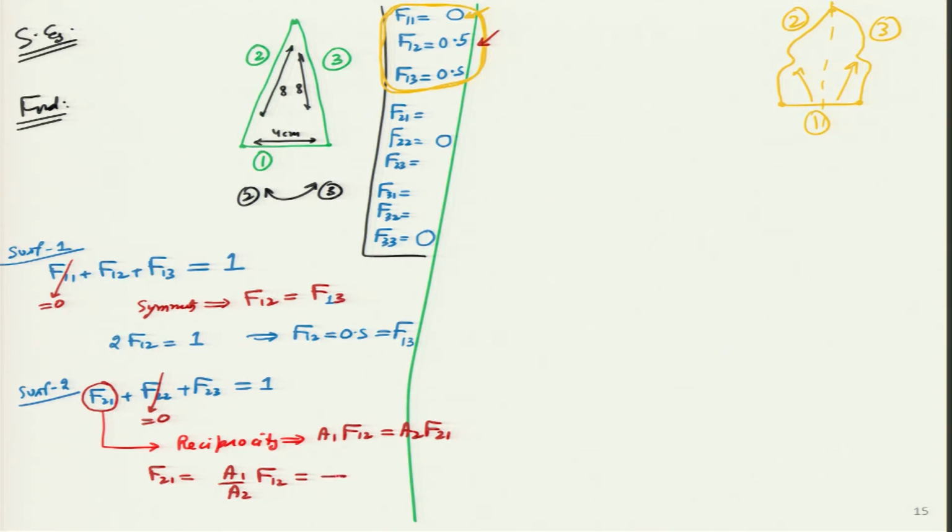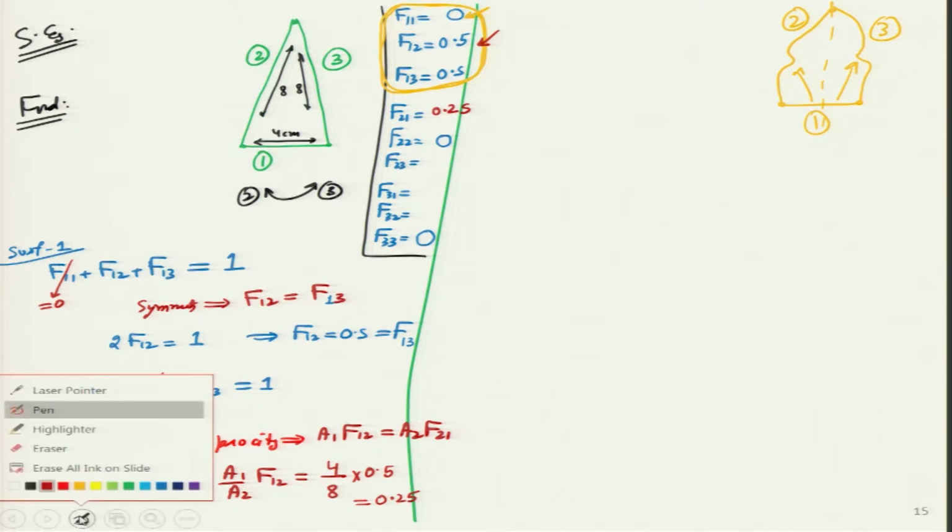So, this is the ratio of area 1, which is proportional to 4, and area 2, which is proportional to 8 centimeters, multiplied by half, so I should write 0.5. Essentially this whole thing will give me 0.25. So, I can go and write over here, this is 0.25.